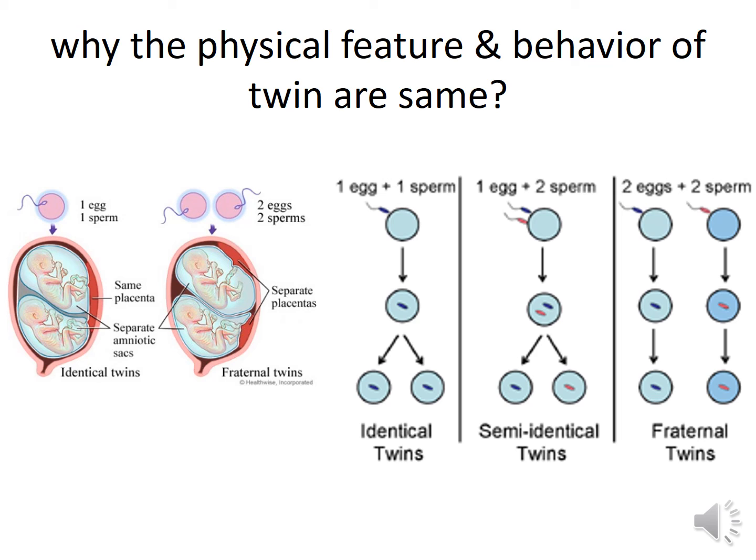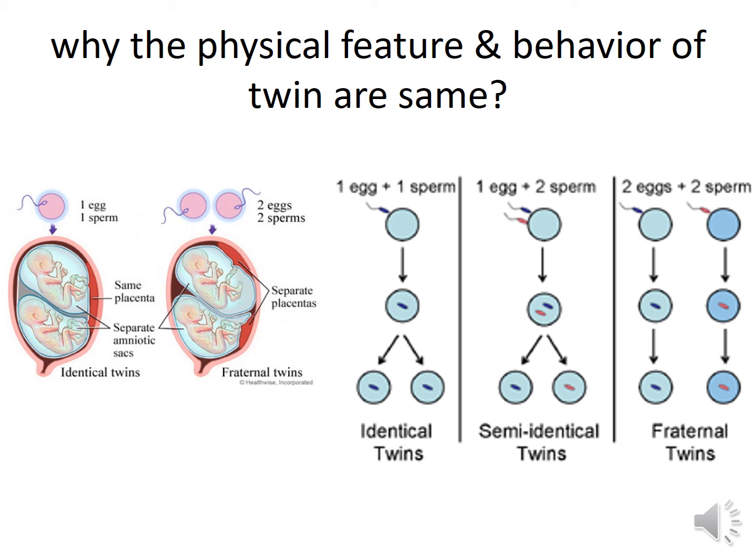And then, identical twins: when one zygote breaks into two zygotes, the twins are of the same sex and their characteristics are also the same. They are identical twins.